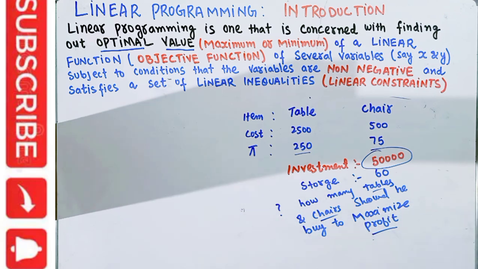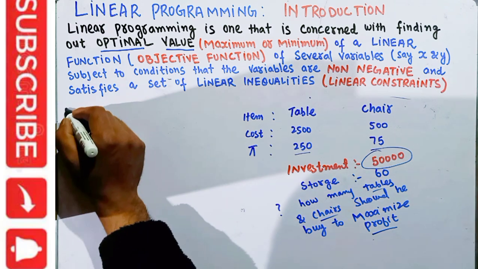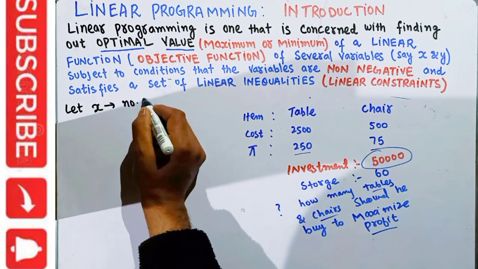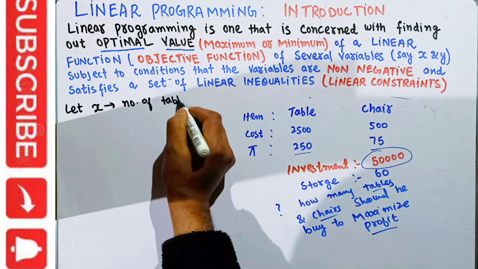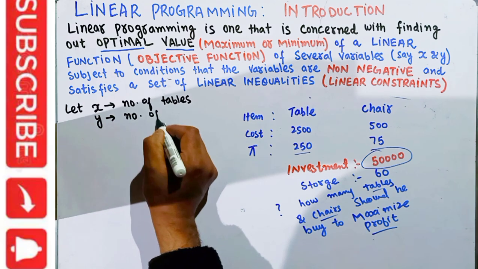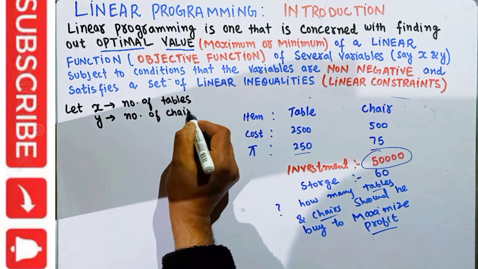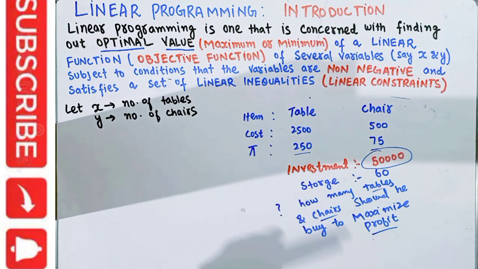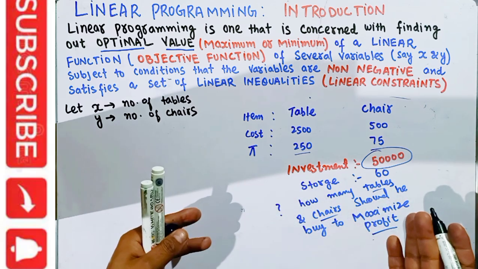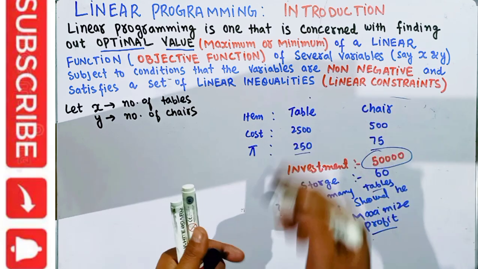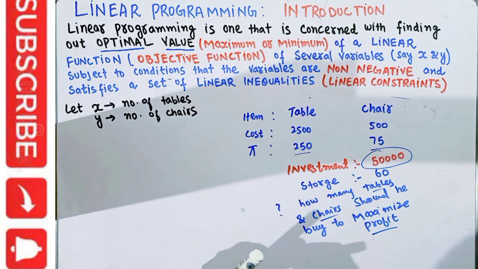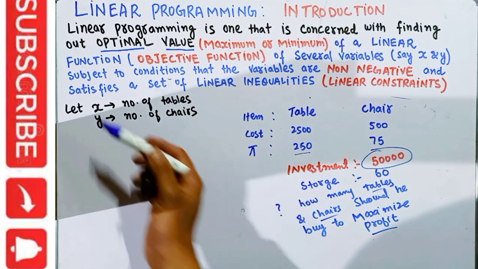So how do we approach this question? Let me write it here. Let x denote the number of tables and y denote the number of chairs he buys. We want to formulate this linear programming problem in a mathematical way. We have two variables here, x and y.